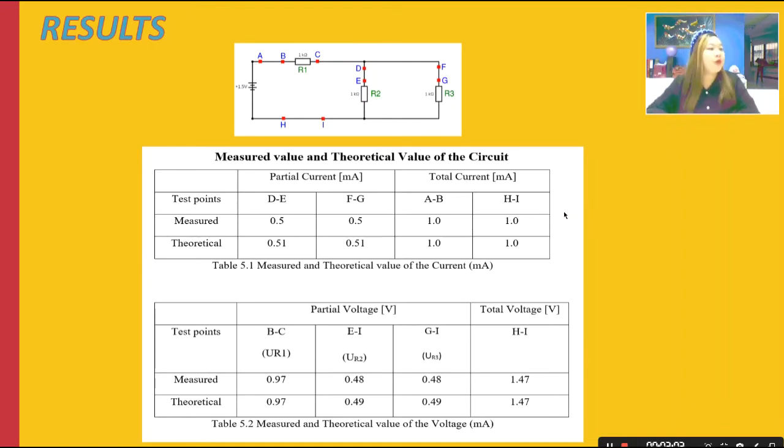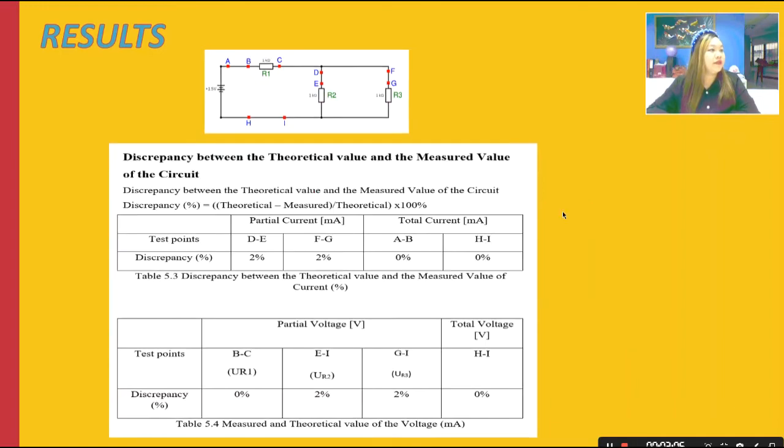Okay, so comparing the results, we find out the discrepancy between the theoretical value and the measured value. We use theoretical minus measured value, divided by theoretical, times 100%. So we can see that the difference between the theoretical and measured value for the partial currents at DE and FG is 2%, whereas the total current is the same, 0%.